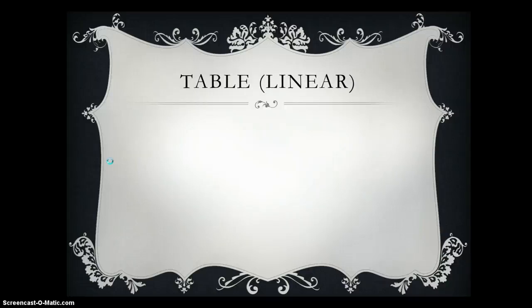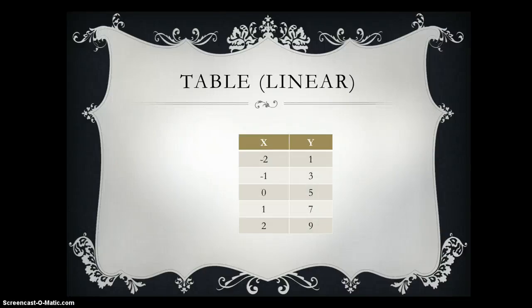So for linear, we can look at our tables. If we look at a linear table, this is just the standard y equals 2x plus 5. We can tell that it's linear by looking at this thing called a first difference. Sorry about my pen on this. I don't have a good pen at the moment. We have the difference between 1 and 3 is 2.